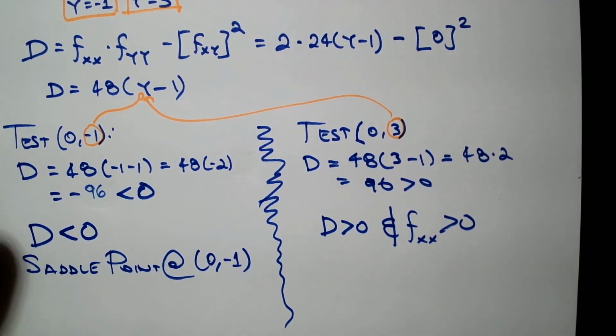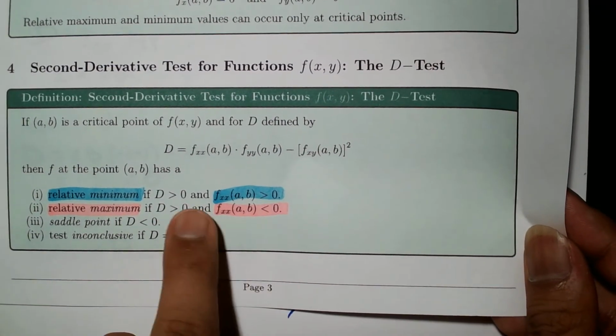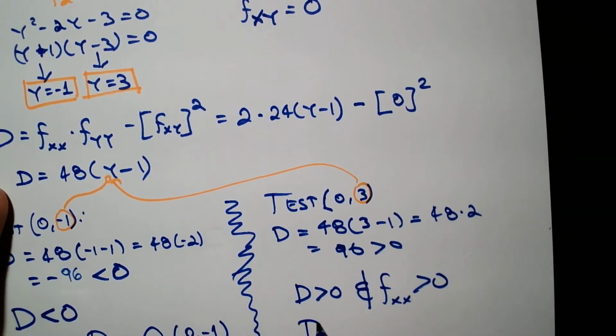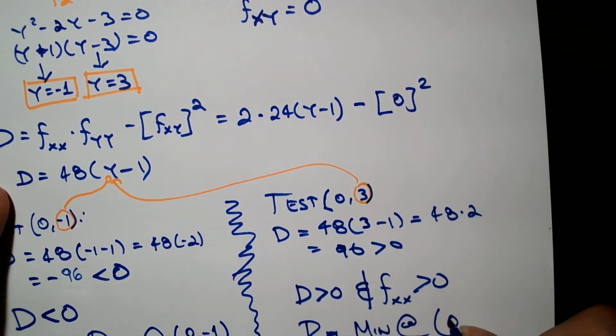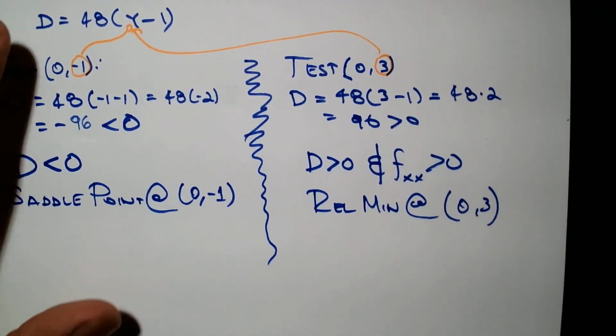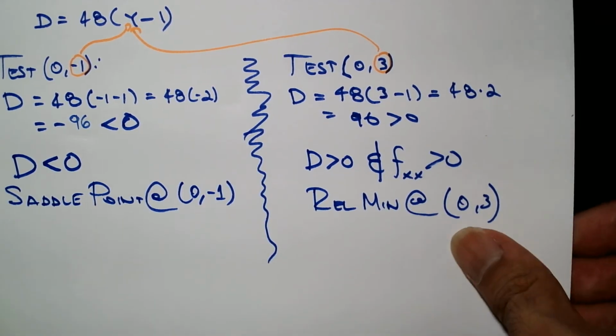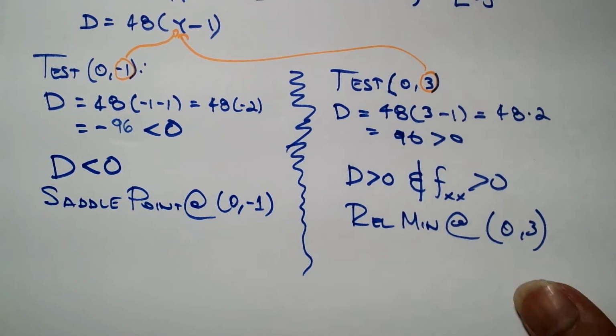What happens when they are both positives? The first one, a minimum. So relative min at 0, 3. Okay, so we finished this exercise. Let's look at another example.